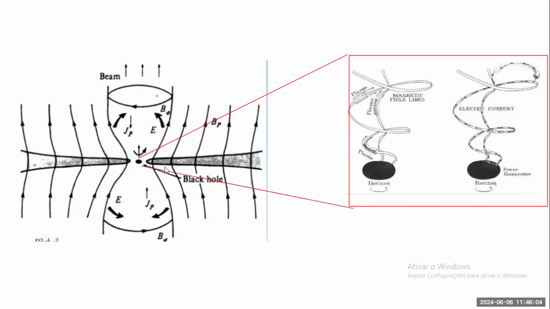So this rotation creates another sort of configuration of the magnetic field, which are the toroidal magnetic field lines.